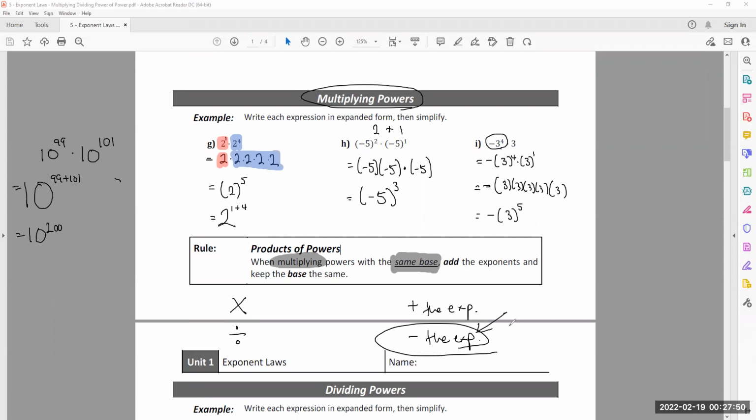But if you want to subtract, you need to be okay with subtracting integers, which takes us all the way back to our prerequisite skills in the beginning of the semester. If you are still having some trouble with your integers and your number lines, you got to refresh that. Okay. I'm going to ask the substitute to pause this video if students are still copying. Otherwise, let's move on to dividing powers.